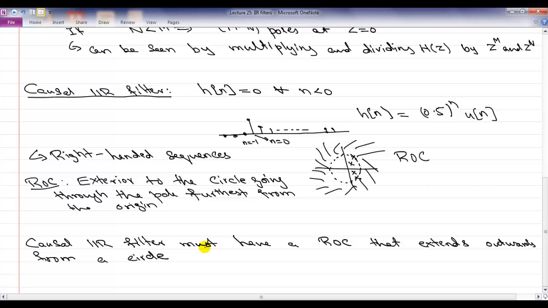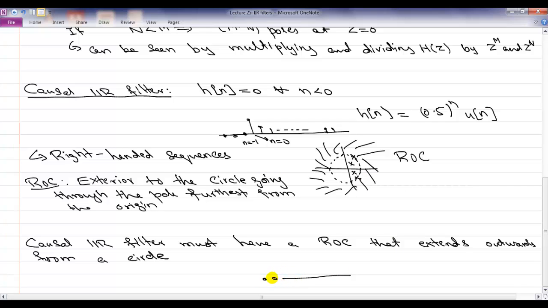Okay. Now the flip side of it is not true. If I give you a Z transform which has this region of convergence, that does not imply it must be a causal IIR filter. Because I can have a sequence which starts before n equal to 0.